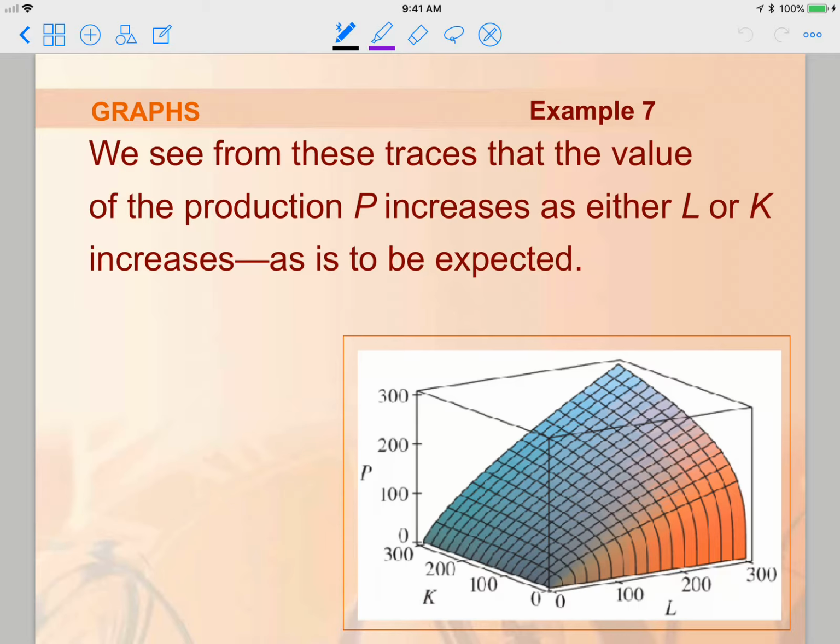It uses the traces. It uses the traces and then brings the traces together in a continuous way. So that's why we see these lines. These lines here are actually the traces of the function.